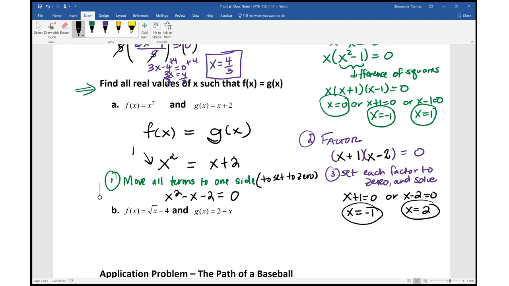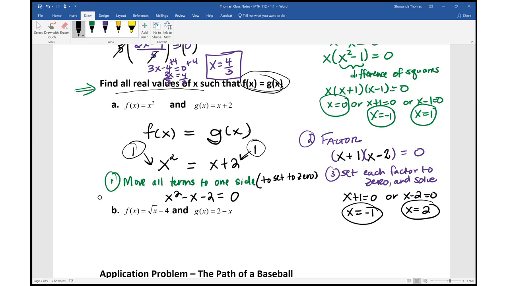And if you plug in negative 1 on the right side here, you'll get 1 on both sides. It says find all real values of x such that your functions are going to equal each other. Well, they do. We get positive 1 on both sides of the equation.